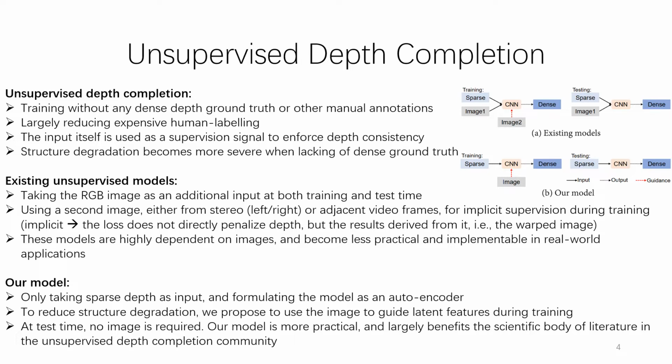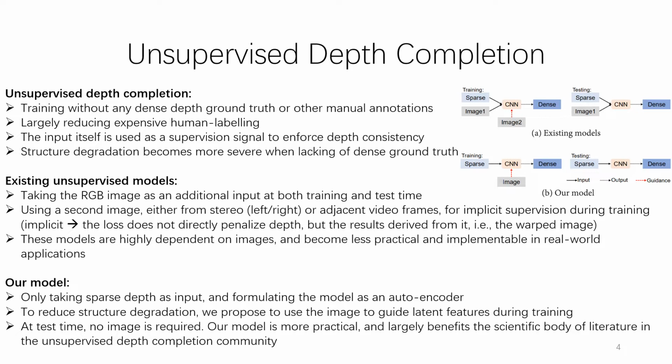We say the supervision is implicit because the loss does not directly penalize depth, but the results derived from it, that is, the warped image. However, these models are highly dependent on images and become less practical and implementable in real-world applications.